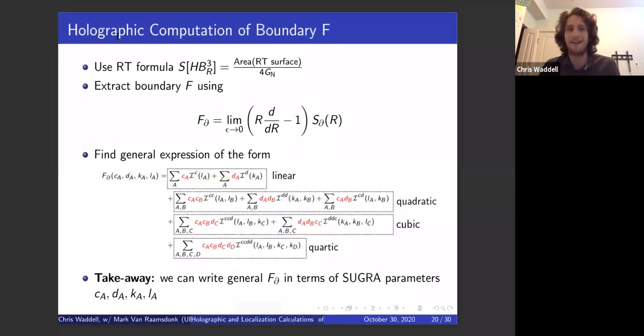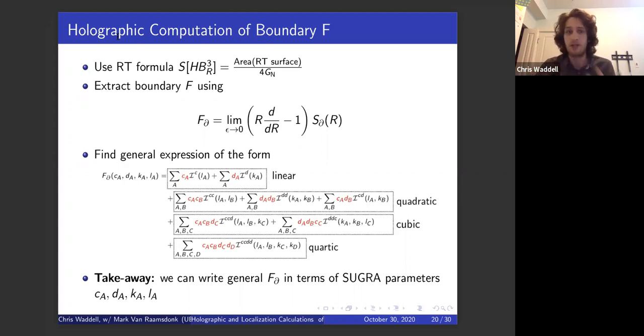So the holographic calculation of boundary F then proceeds pretty much as one would expect. One can apply the Ryu-Takayanagi formula to calculate the entanglement entropy of some half-ball region in our BCFT. And then one can directly extract the boundary F using that it's the universal contribution to the associated boundary entropy.